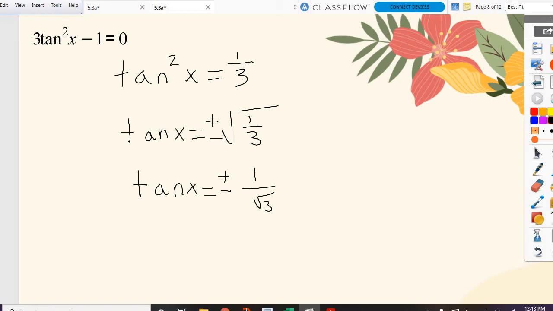Okay? Now, the easiest way to think about this, so again, remember that tangent of x equals sine of x over cosine of x. And remember that your three options on our unit circle for our values are square root of 2 over 2, square root of 3 over 2, and 1/2.